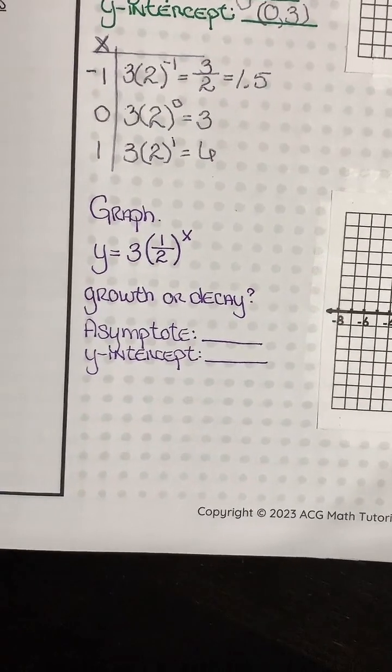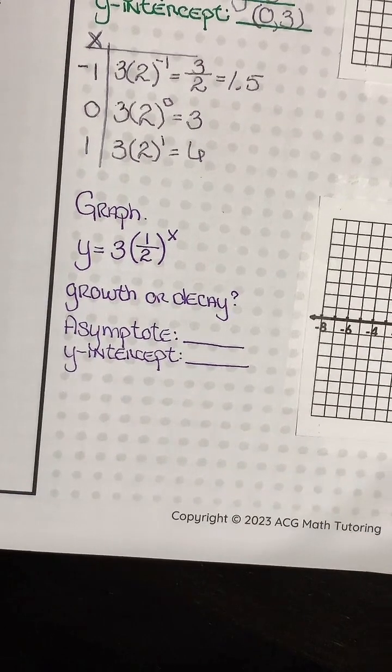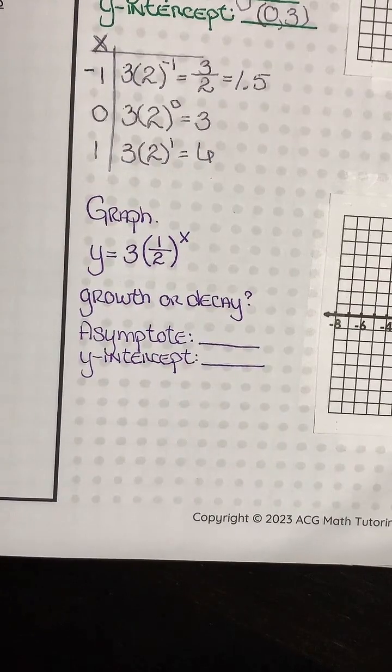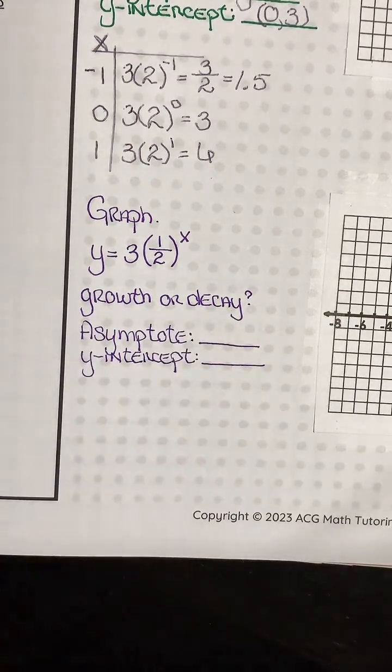All right, let's try another one. So this time I want us to graph y equals 3 times 1/2 raised to the x. So once again, I want to know, is it growth or decay? What do you guys think? Growth or decay?